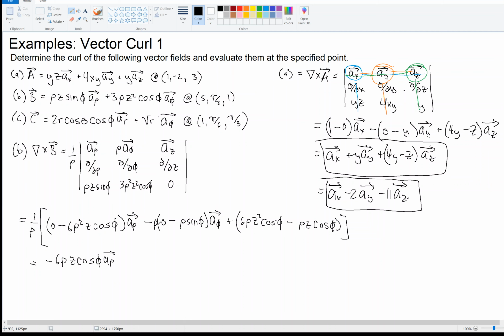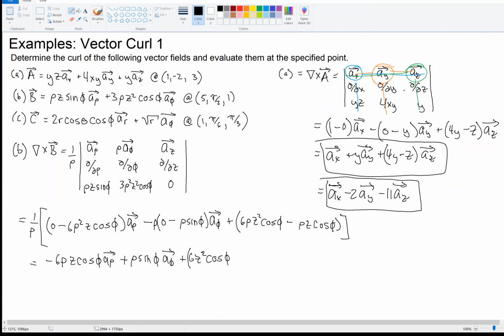Then this wipes out this rho over here, so this makes plus, but I have a rho here, plus rho sine phi in the phi direction. Then I've got plus 6 z squared cosine phi.